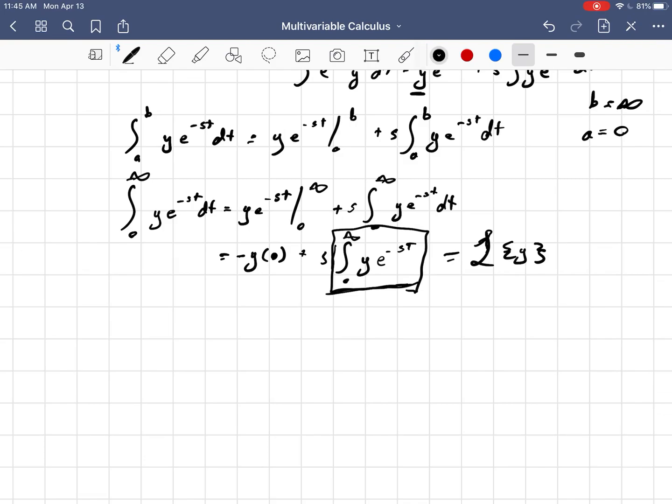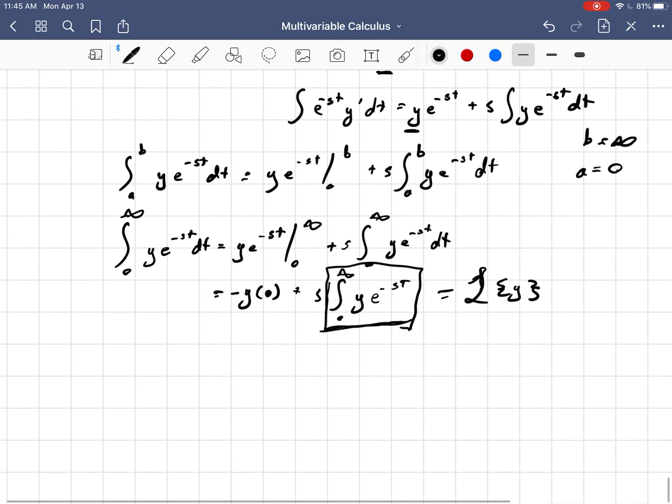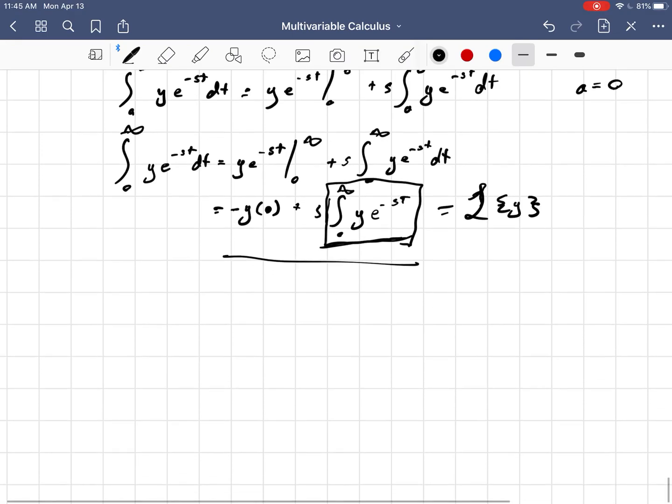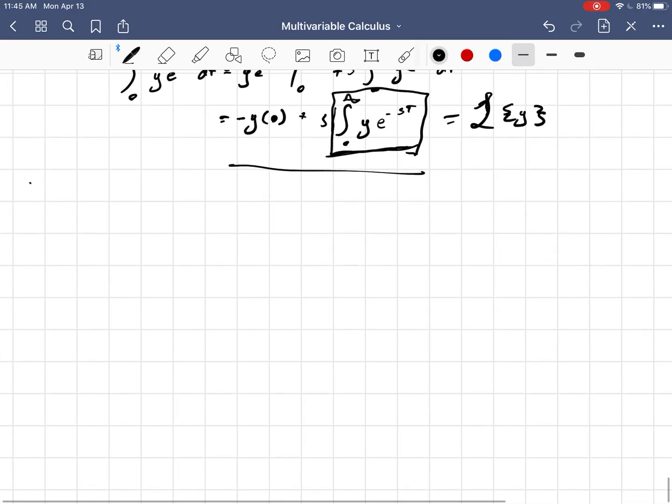This whole part right here is the left side of the differential equation, and everything here is either a number or in terms of the integral of y. So it really becomes an algebra problem basically, and we can solve for the integral of y and then just differentiate, and we will get what y is, the solution to the differential equation.